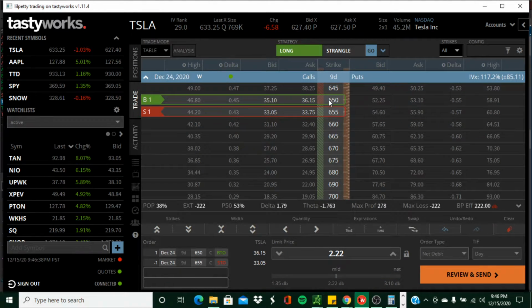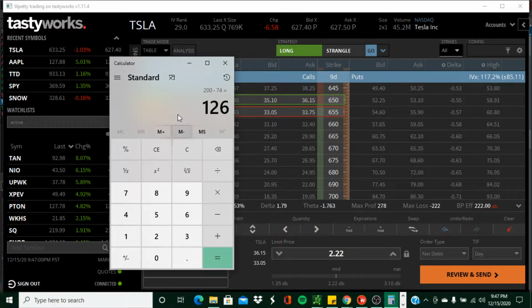Now it's a $5 width. And remember the formula we talked about when you do the subtraction. This is going to be the debit that you're actually going to have to pay to get into this play. So you're only going to have to pay $225 plus commissions to get into this trade, for a max gain of, let's pull out the calculator, 500 minus $222, for a max gain of $278.